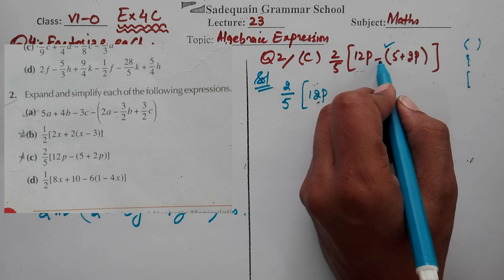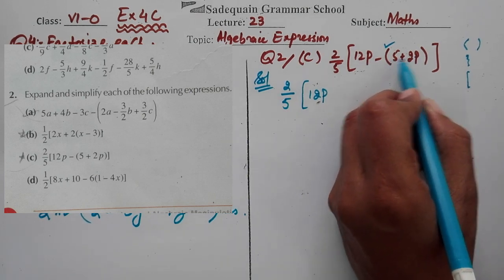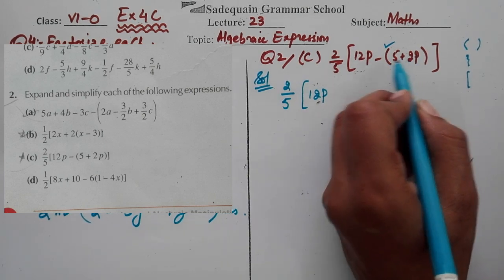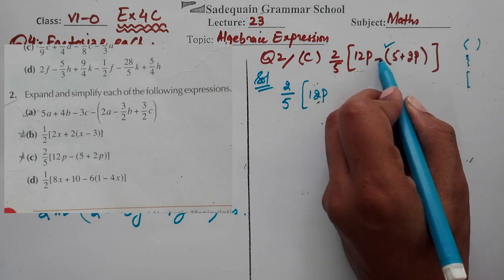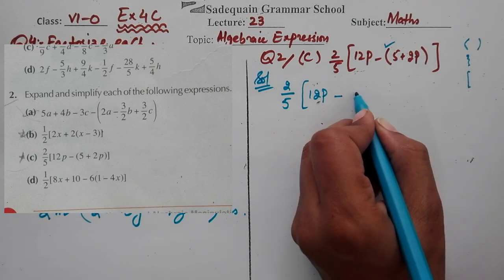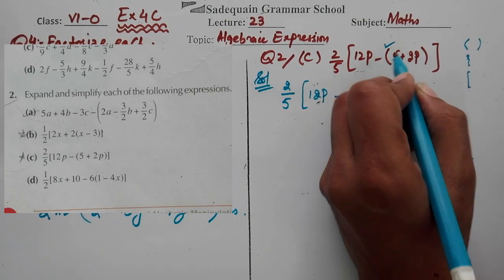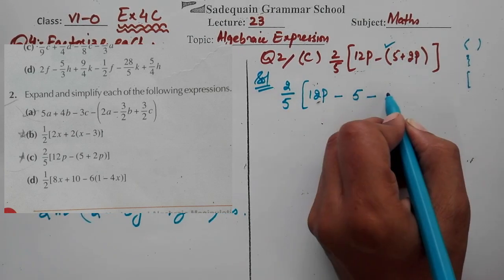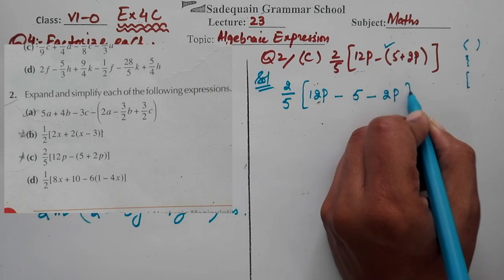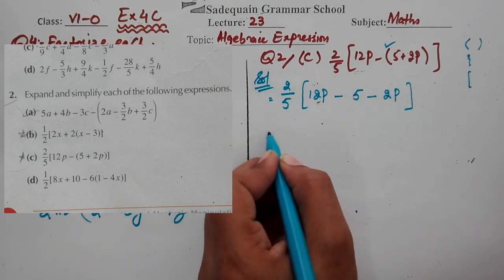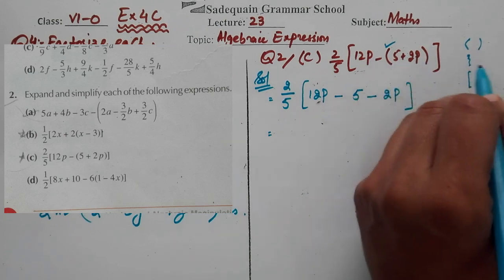So when we have the minus sign outside the bracket, the sign within the brackets will be inverse or will be changed. Plus minus multiply, so it will be minus 5. Now here plus minus multiply, plus minus multiply minus, so it will be minus 2p. Now it is done.